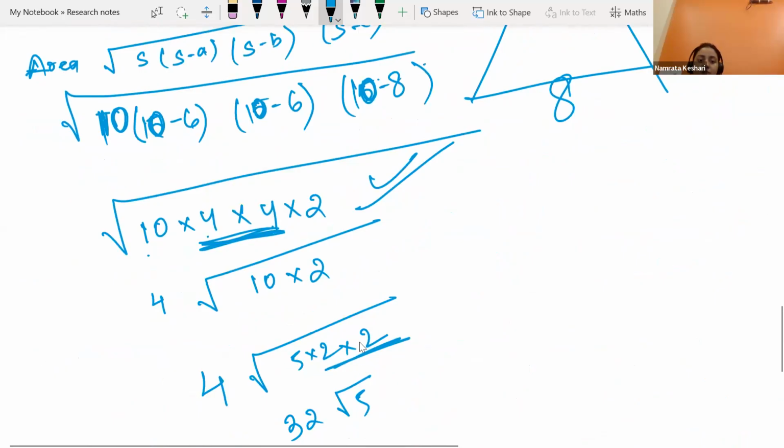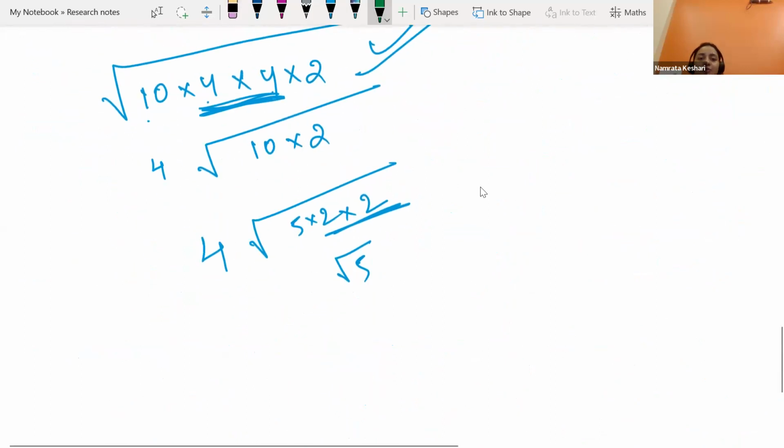Our answer must be the same. See, 2 and 2, just one 2 will come out, and 4 is there. 8 will be there, right?